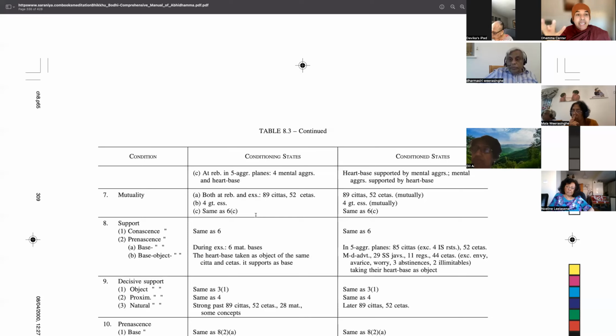This ignorance, this latent tendency within us, manifests itself through the chetasikas, for example, like ditti, wrong view. Avidya, delusion.